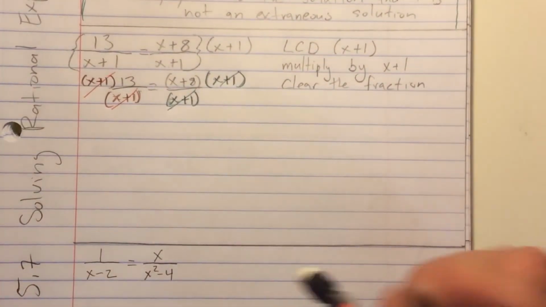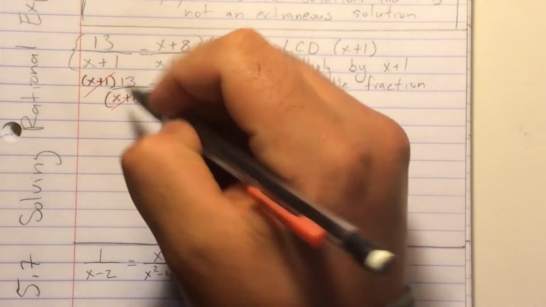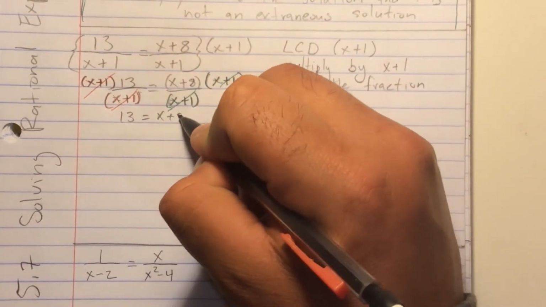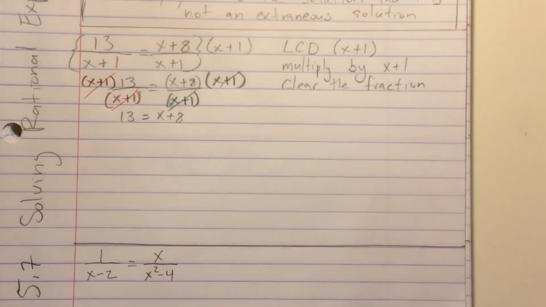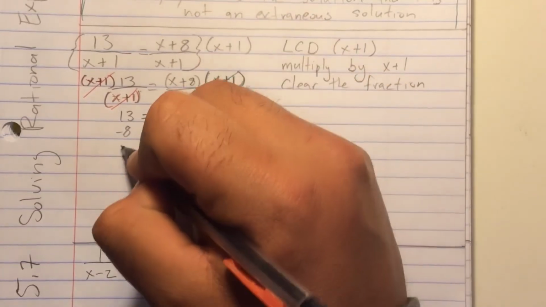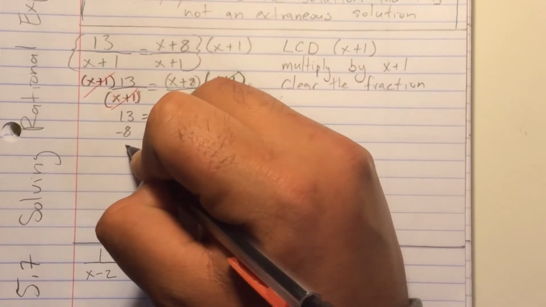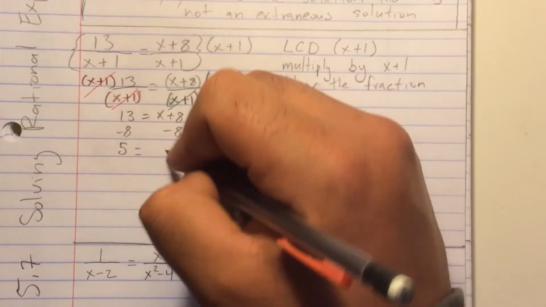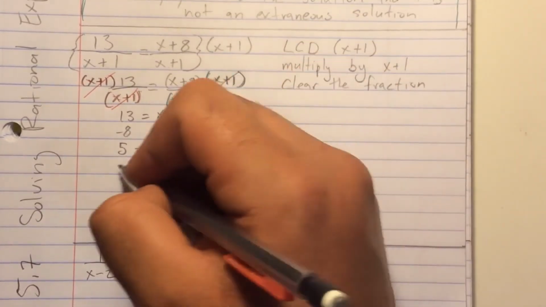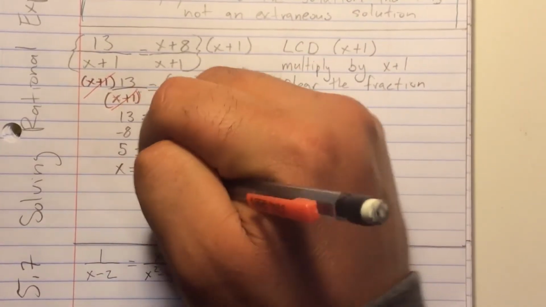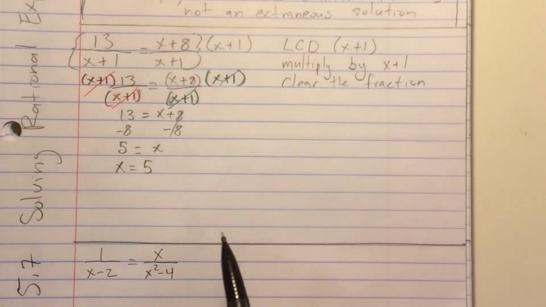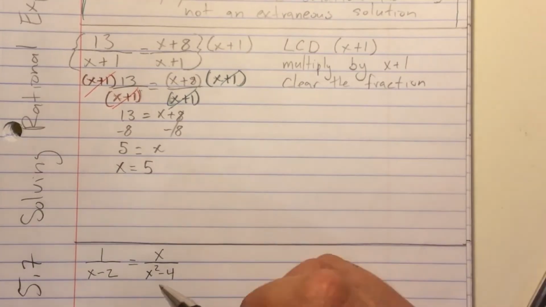What we're left with is 13 equal to x plus 8. So we can subtract 8 from both sides, and we get that 13 minus 8 is 5, is equal to x, because this is 0. Using the symmetric property, again, we can say that x is equal to 5. So this is our solution.